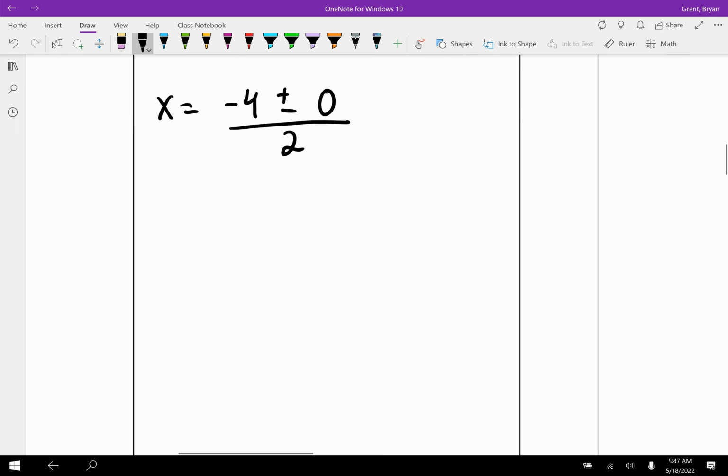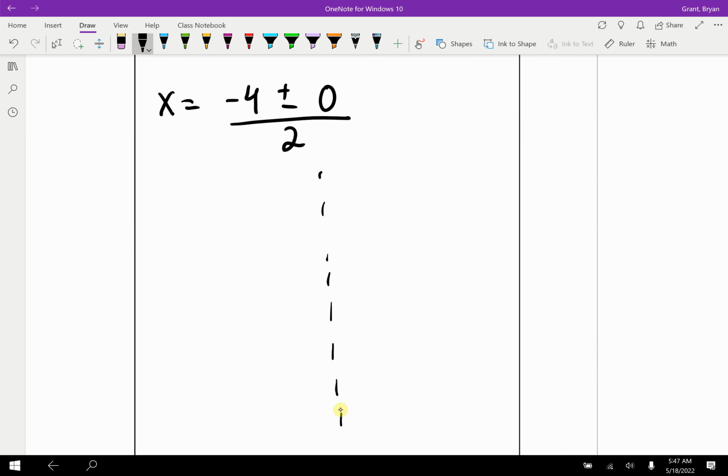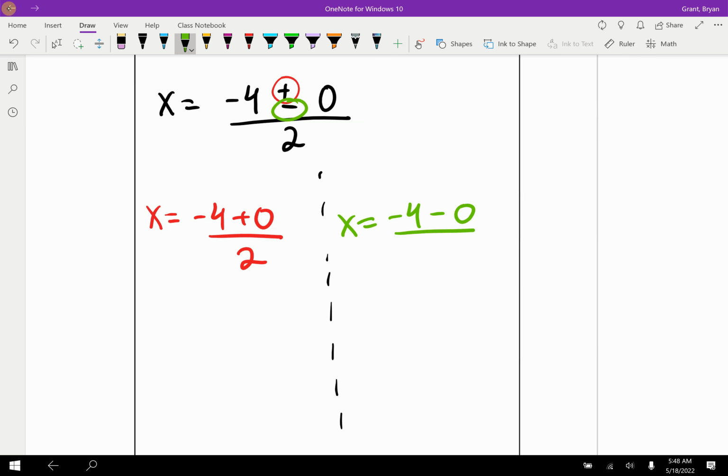Once we're here, we're going to go ahead and make 2 separate equations, where one equation is going to use the plus, and it gives me x is -4 plus 0 over 2, and my second equation is going to use the minus, and that's going to give us x equals -4 minus 0 over 2.